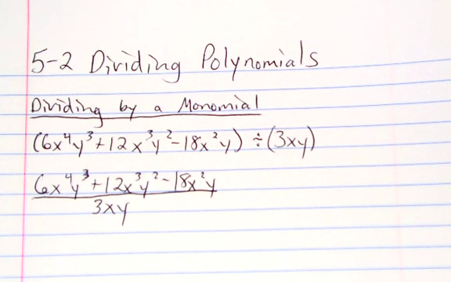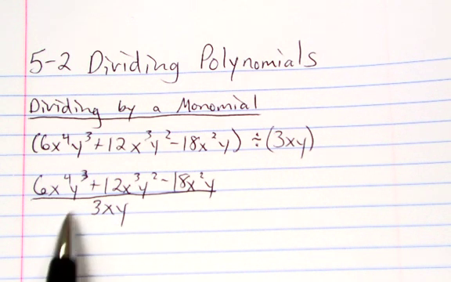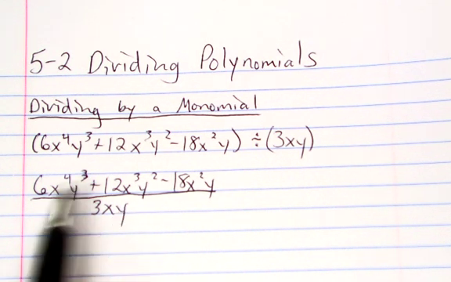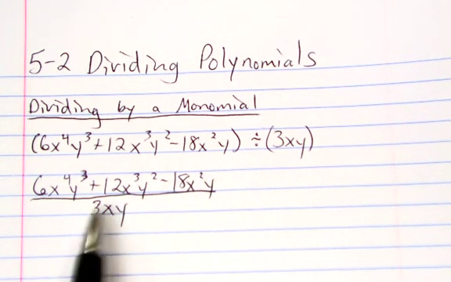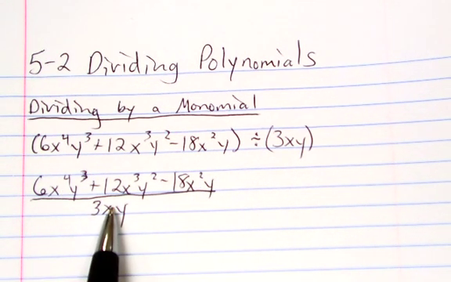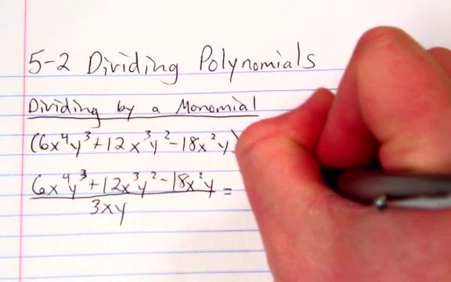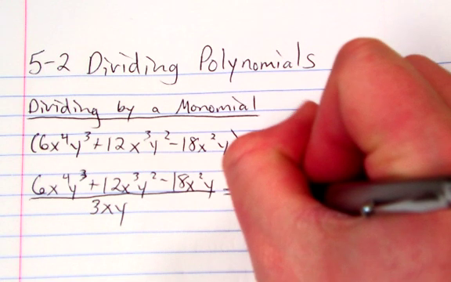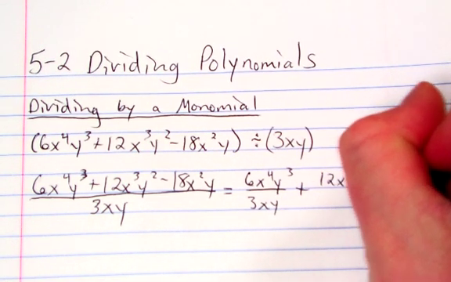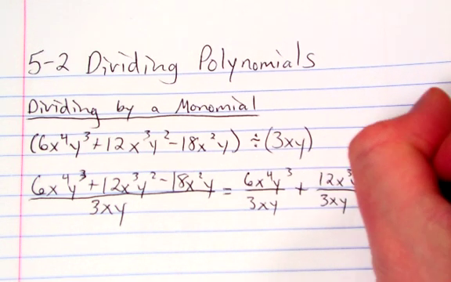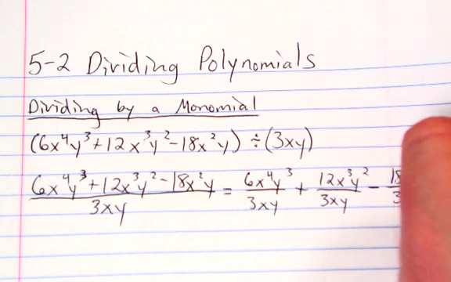The reason that I'm going to do this is because if you have a fraction that only has one term in the denominator, that means that you are allowed to split the fraction up so that each term in the top is going to be over this denominator in the bottom. So I'm going to have 6x to the fourth y cubed over 3xy plus 12x cubed y squared over 3xy minus 18x squared y over 3xy.